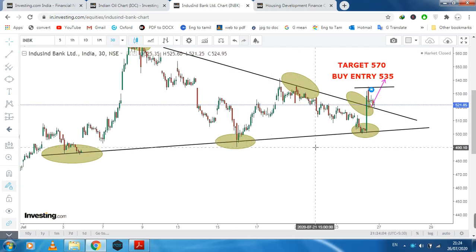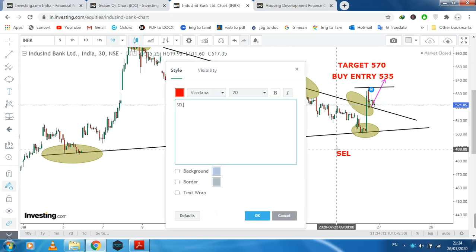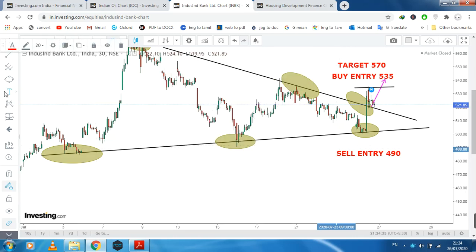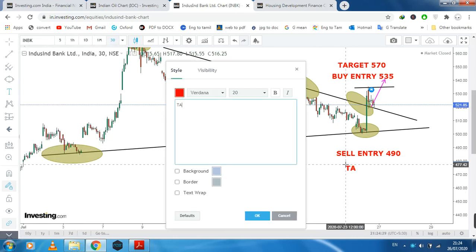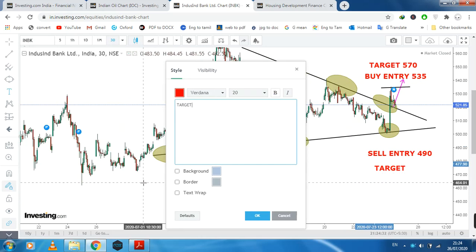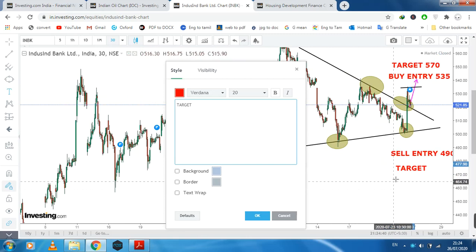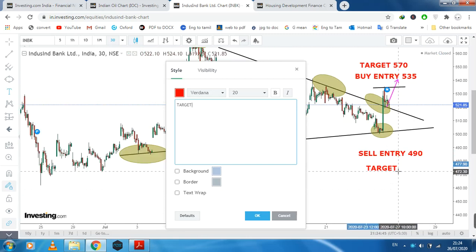For the sell entry, it needs to break this level, 490. What about the target? Target is 472.